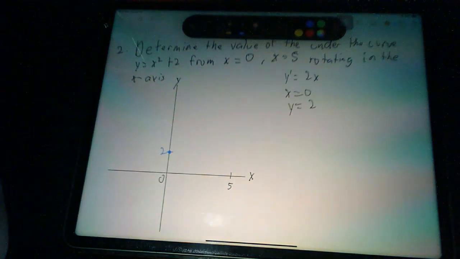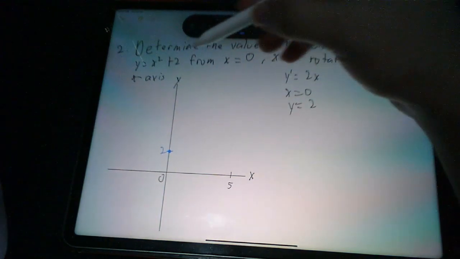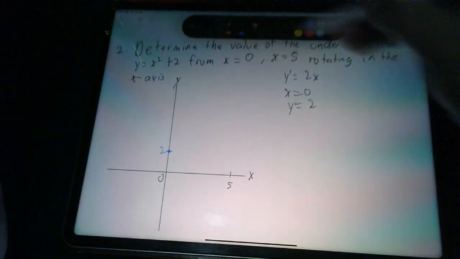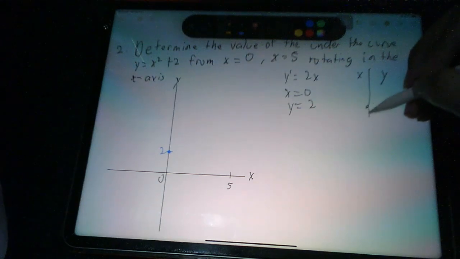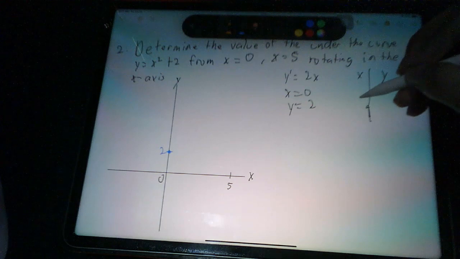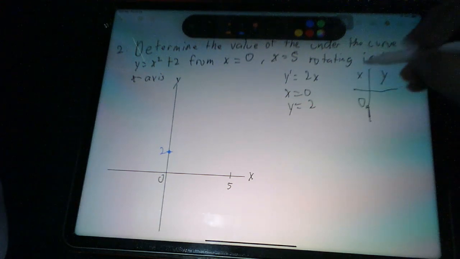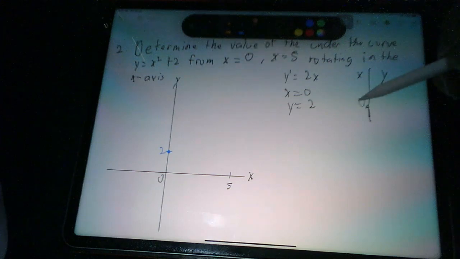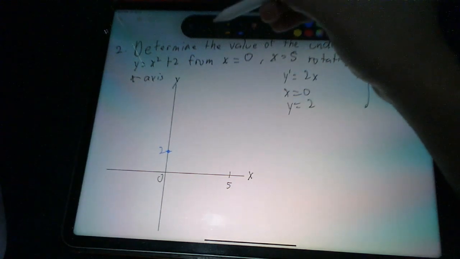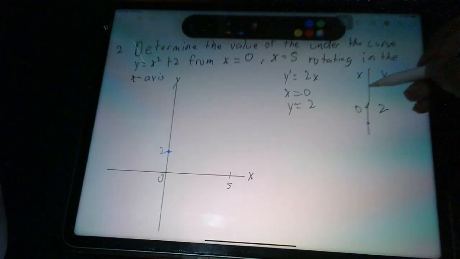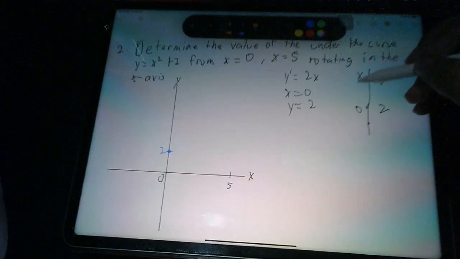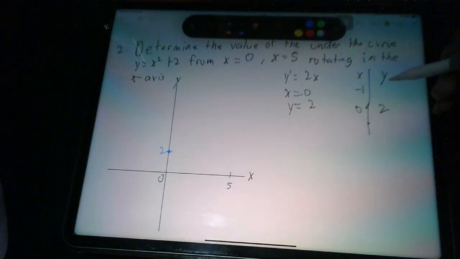Now we need to find the points of the parabola by creating a table. Let's say 0 here and 2 here. If x equals, let's say, -1, y will become 3. Yes, -1 squared is +1 plus 2 equals 3.